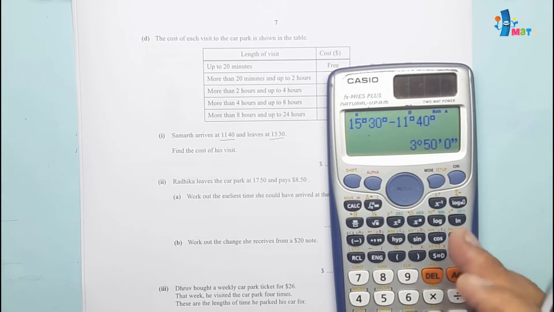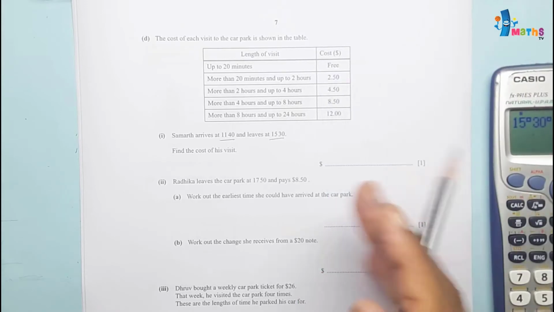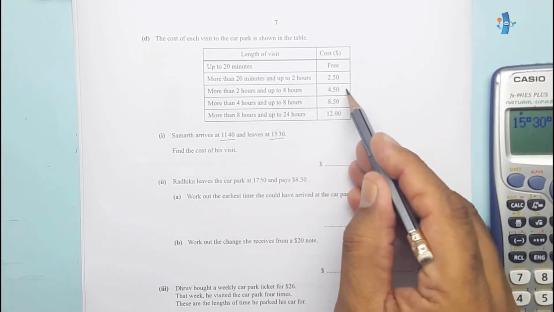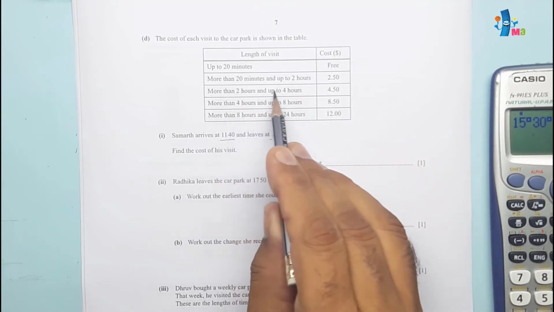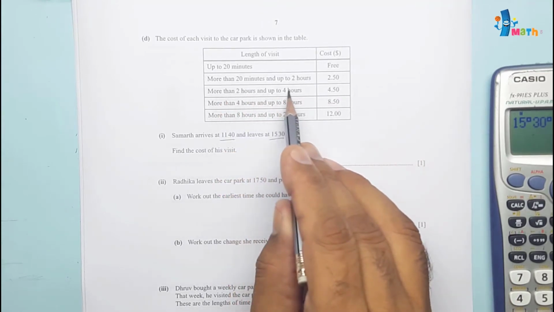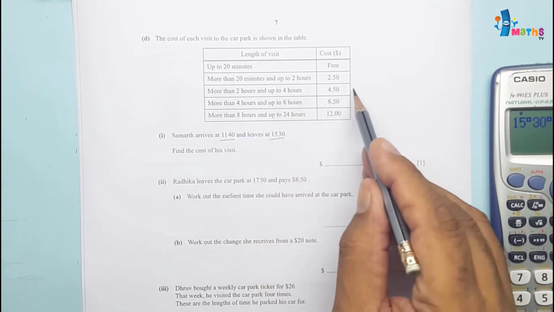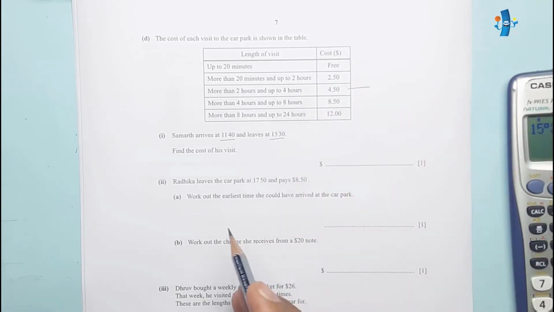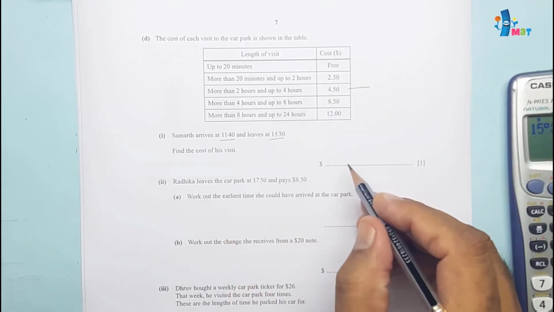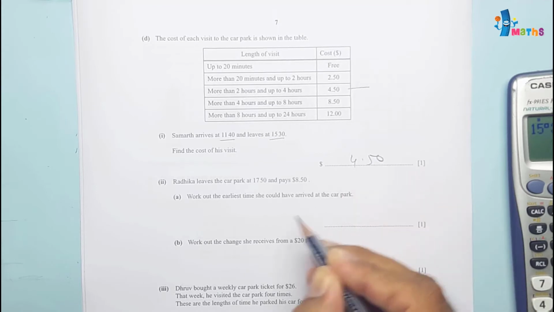So the time is 3 hours and 50 minutes. 3 hours 50 minutes falls in the category more than 2 hours and up to 4 hours. So the cost will be 4.50.